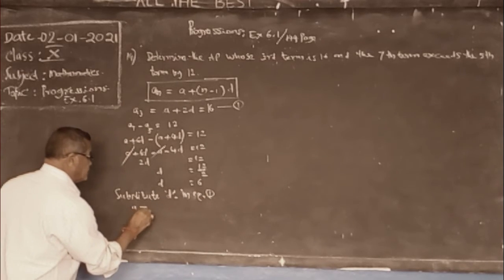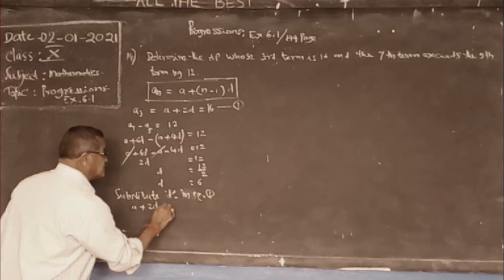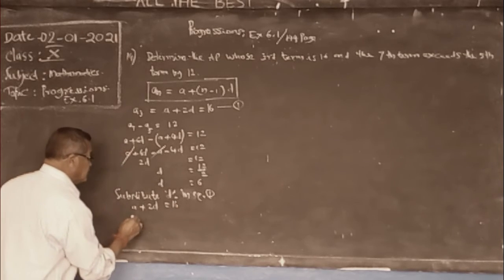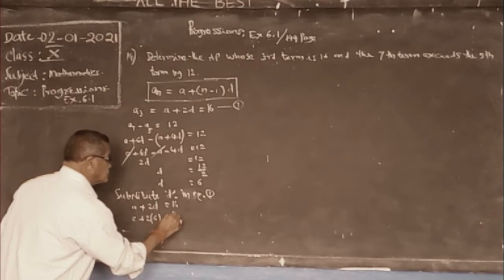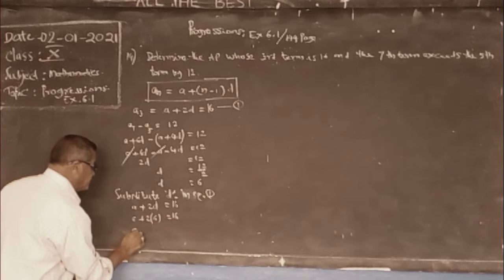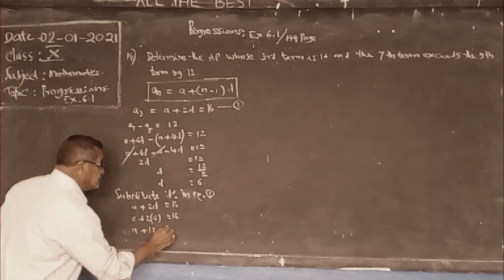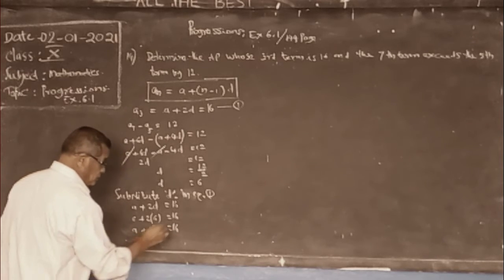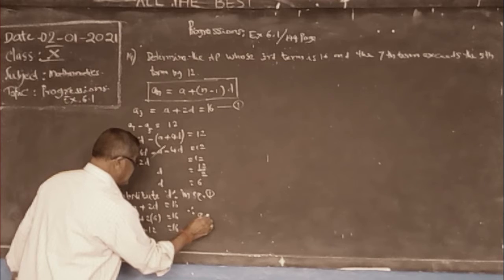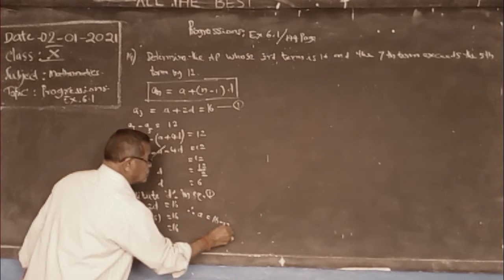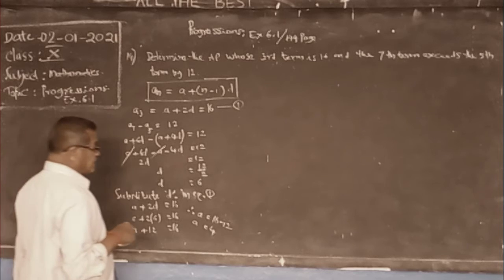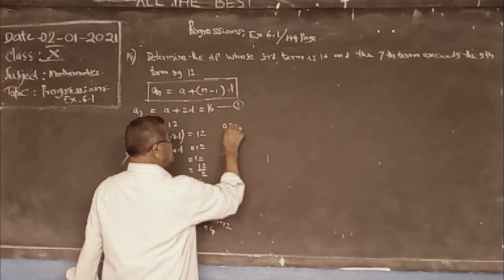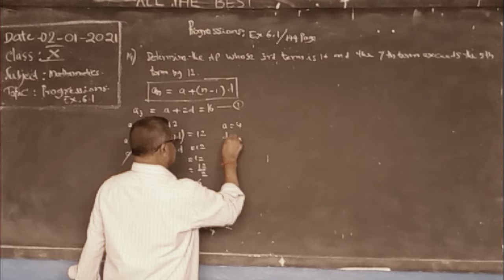A plus 2D is equal to 16. D value 6, 2 into 6 is 12. A plus 12 is equal to 16. Therefore, A is equal to 16 minus 12. A is equal to 4.